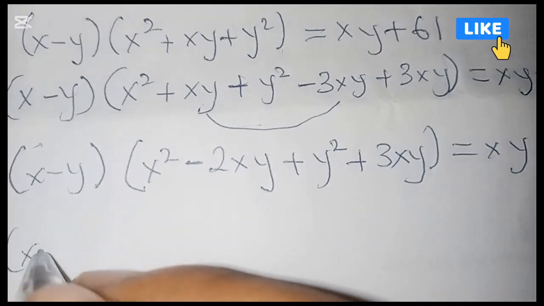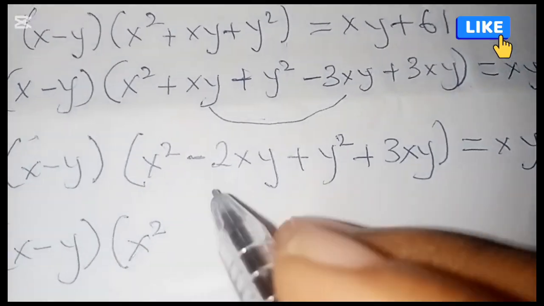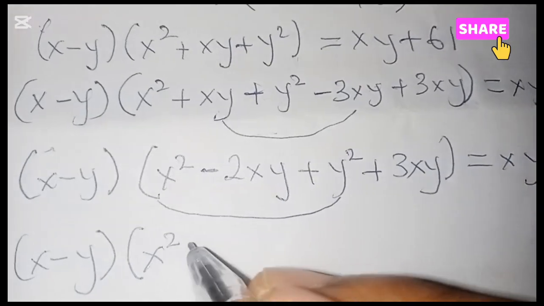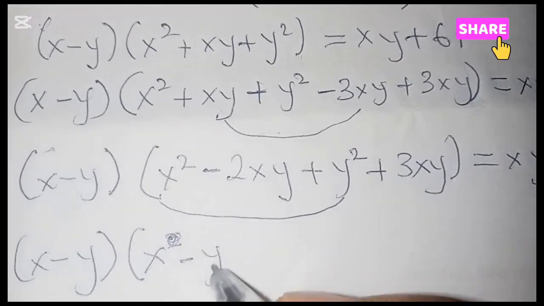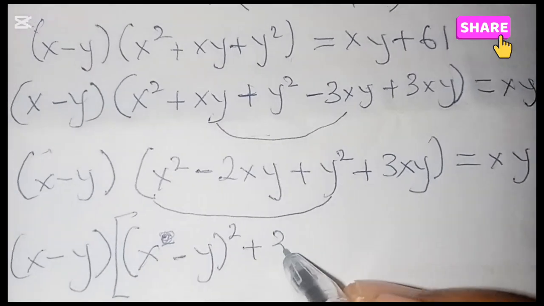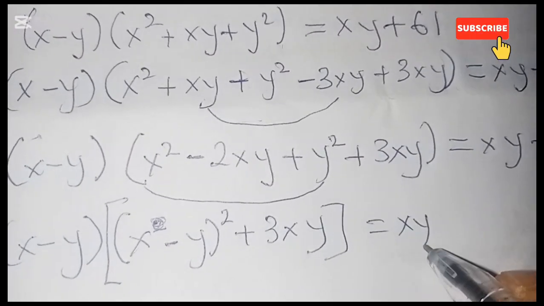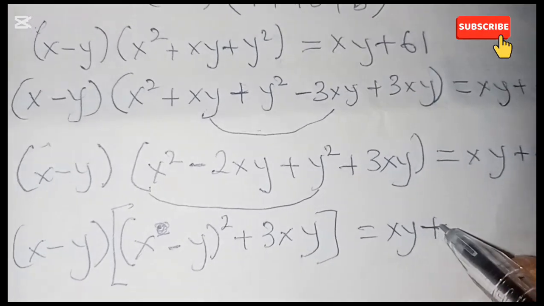Okay, so here x minus y, this gives us x squared. Now this is the same thing as (x minus y) squared plus 3xy equals xy plus 61.